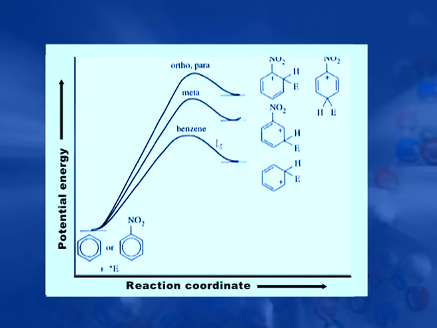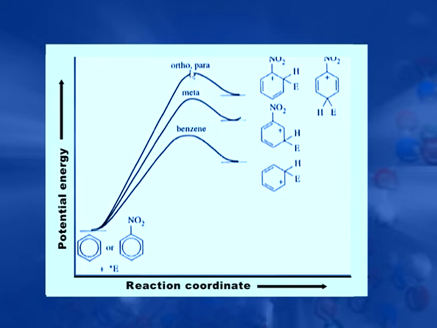We can see this energy diagram also. If we compare with benzene, benzene is this one, because the nitro group has an electron withdrawing inductive effect. So, it withdraws electrons. That is why this has a high activation energy as compared to benzene, and ortho and para have much higher than meta.